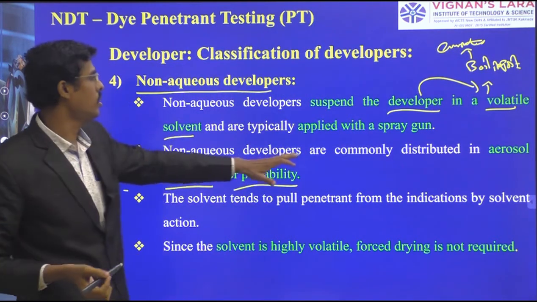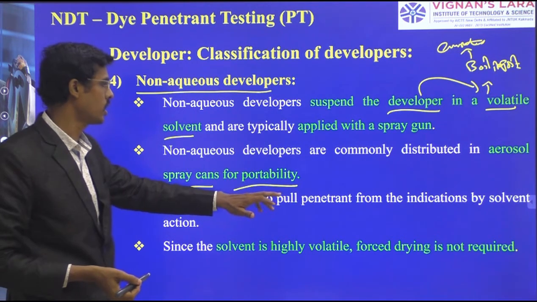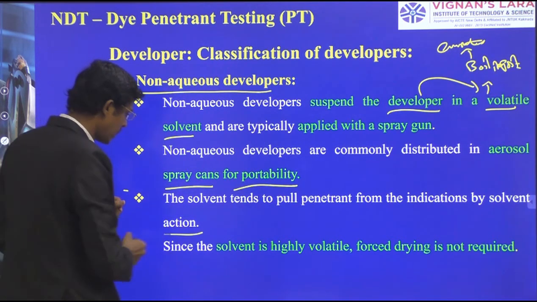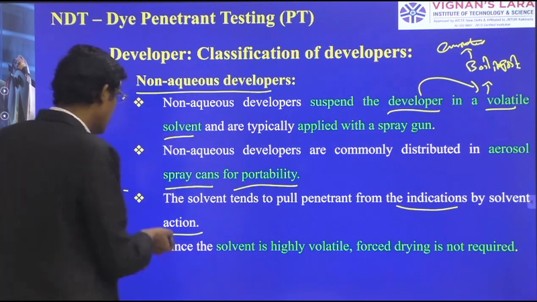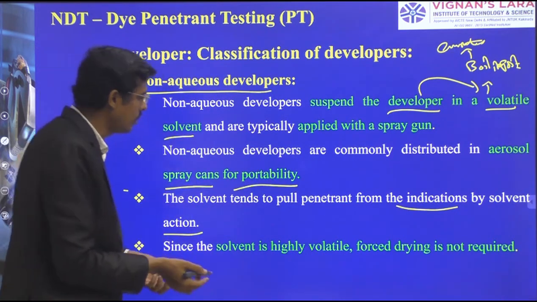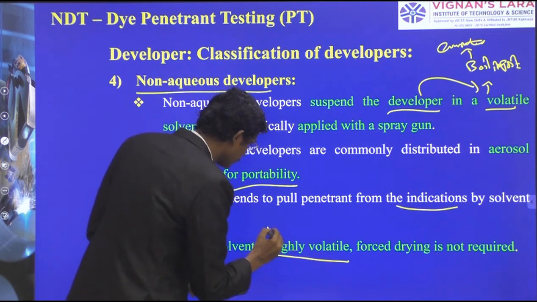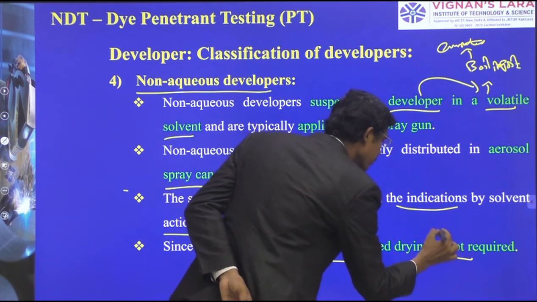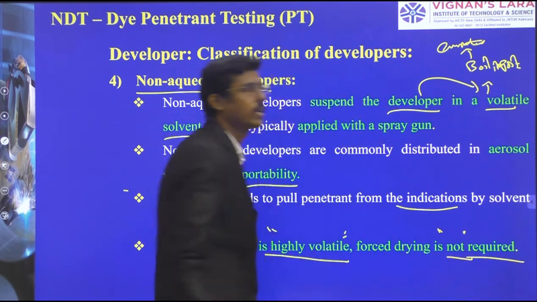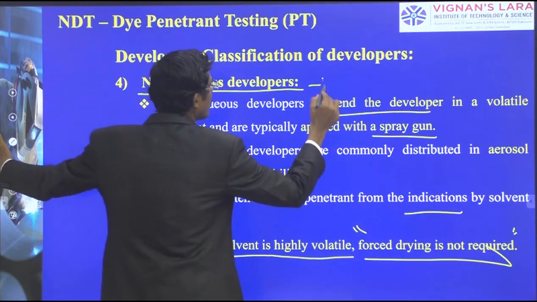Non-aqueous developers are commonly distributed in aerosol spray cans for portability. The solvent tends to pull the penetrant from the indications by solvent action. It comes out of the penetrant. Since the solvent is highly volatile, forced drying is not required, as it is going to evaporate automatically.